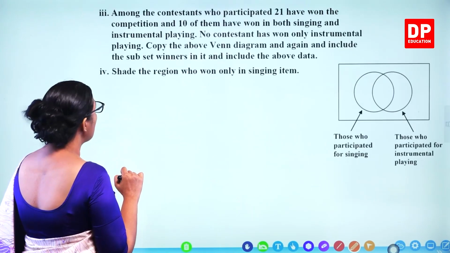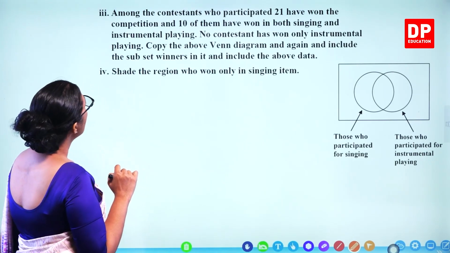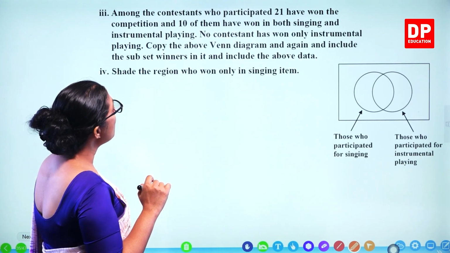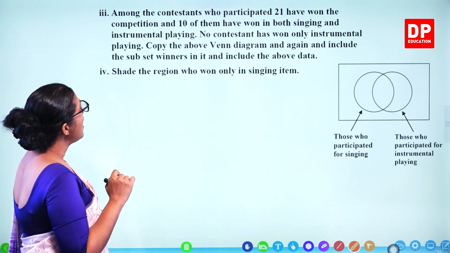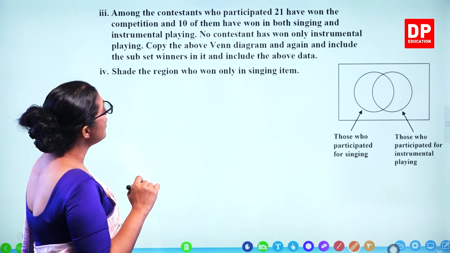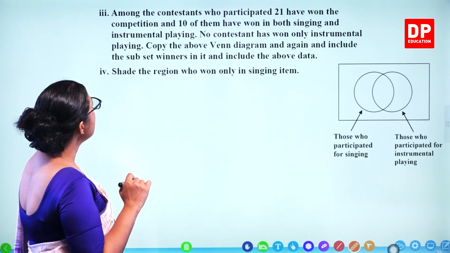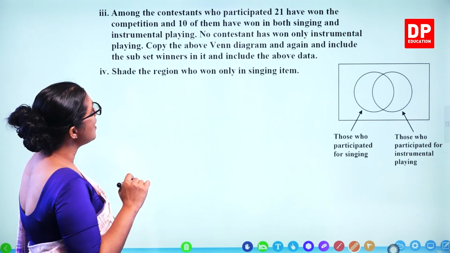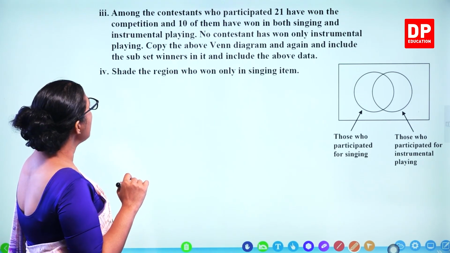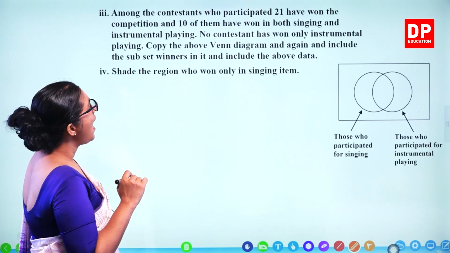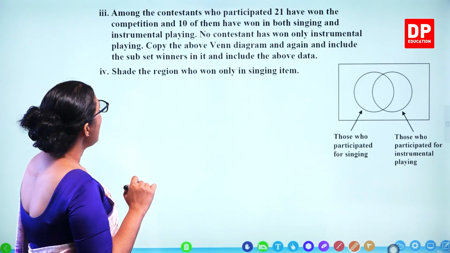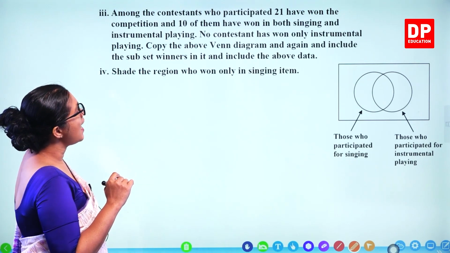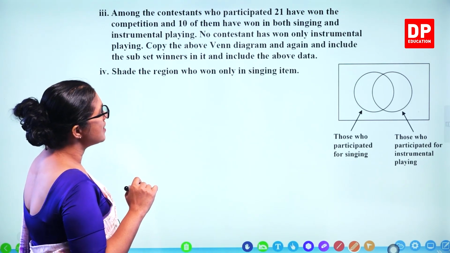And what's the next part? Among the contestants who participated, 21 have won the competition and 10 of them have won in both singing and instrumental playing. No contestant has won only instrumental playing. Copy the above Venn diagram again and include the subset winners in it, and include the above data.